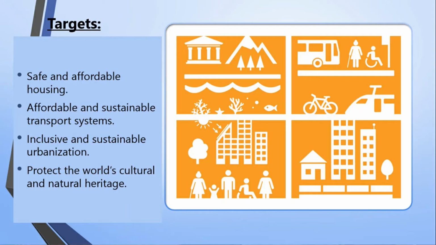Some of the targets that have been defined are to ensure everyone can have access to safe and affordable housing, that cities make affordable and sustainable transport systems, that cities worry about inclusive and sustainable urbanization, and that when cities develop their projects, they protect the world's cultural and natural heritage.